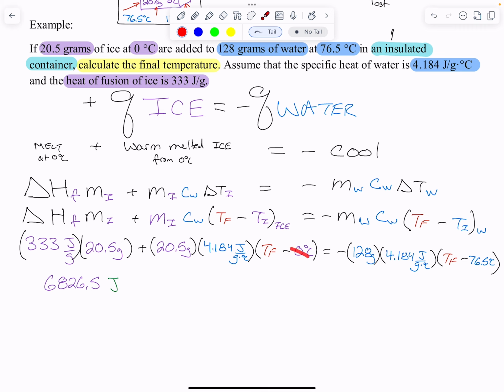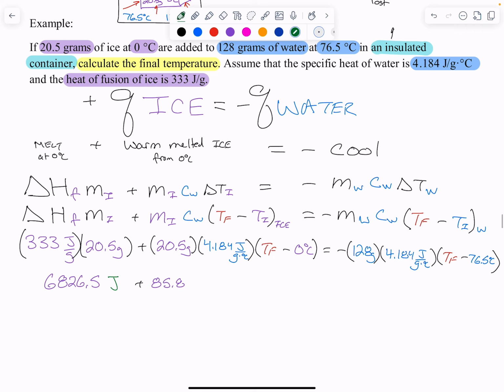I can cancel that out. So now I just do 20.5 times 4.184 times T_F, and it's good. So if I do that, I get 85.8, and the units would be what? The grams are gone. It's joules per degree Celsius, right?